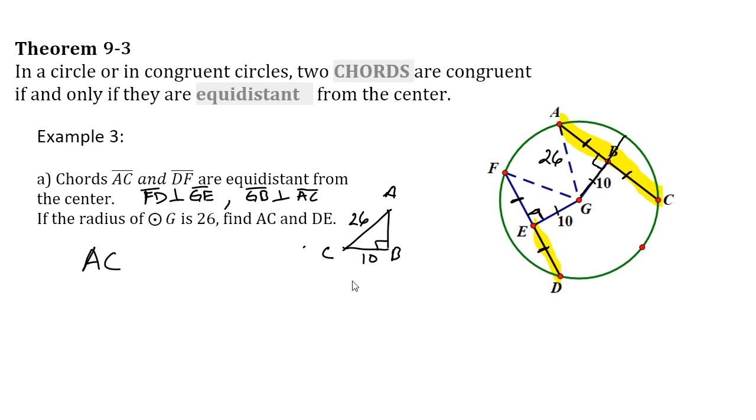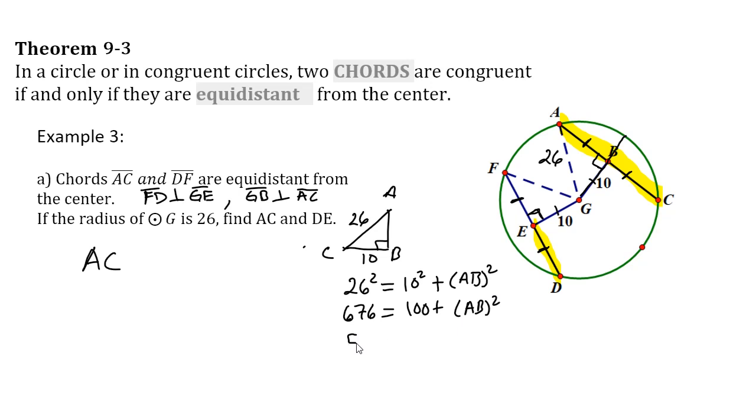So applying the Pythagorean theorem, we have 26 squared is going to be equal to 10 squared plus the length of AB squared. 26 squared is going to be 676, and this is equal to 100 plus the length of AB squared.